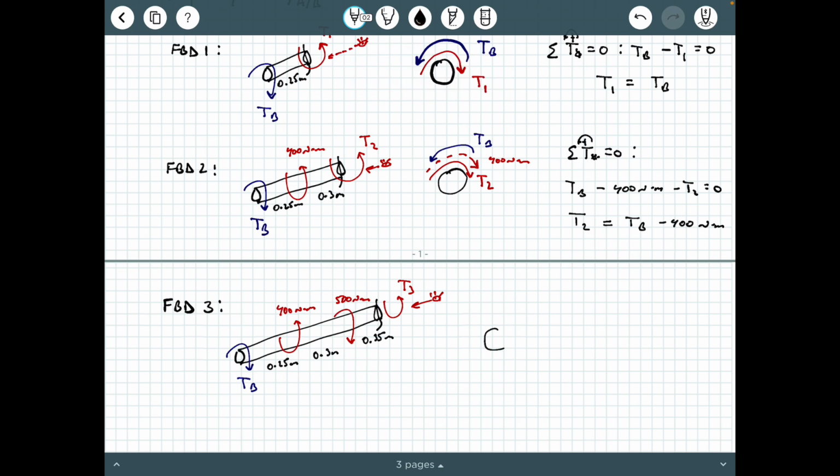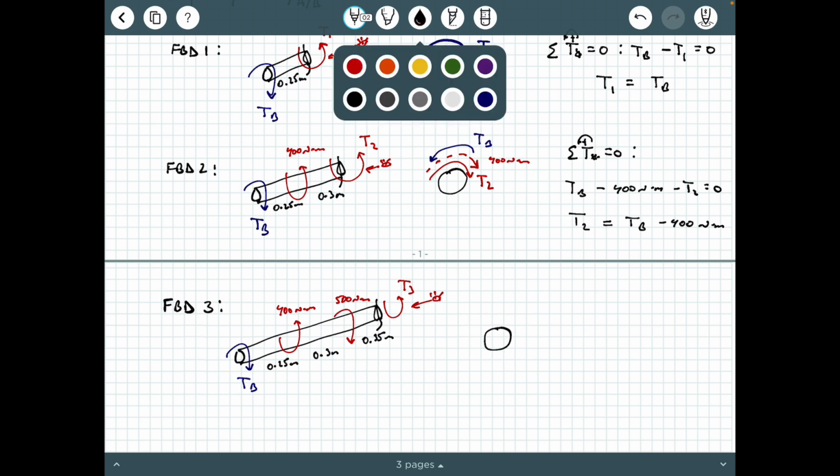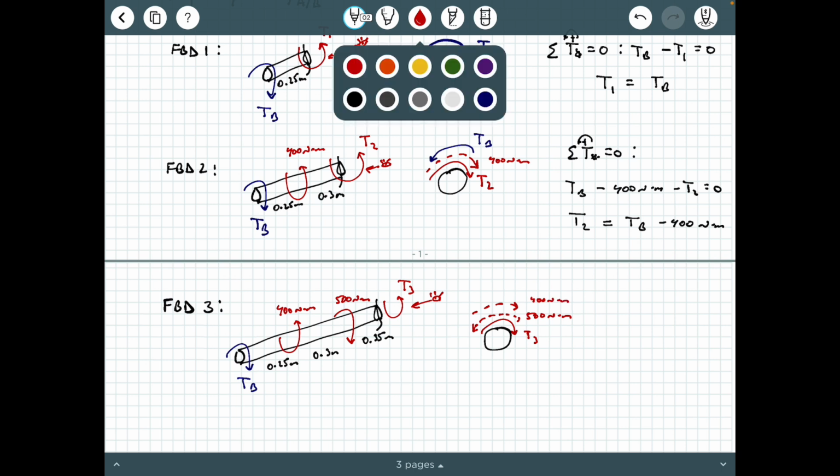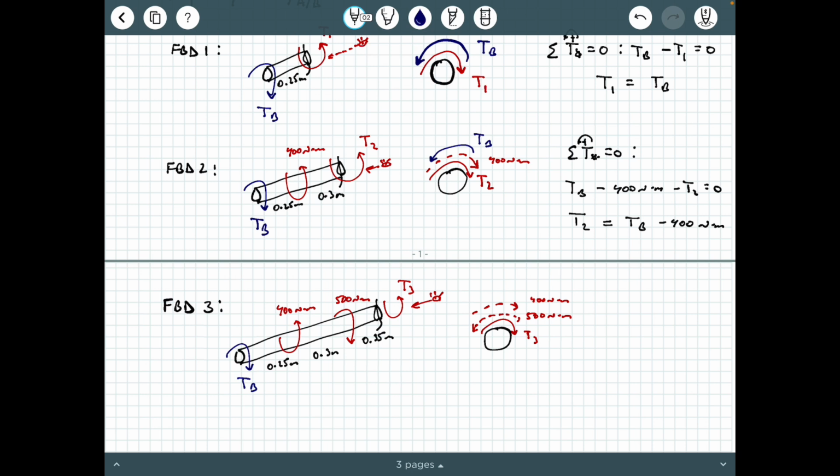Well, we see the circular cross-section, and then we see a T3 here, and then behind that, we see 500 Newton meters going opposite of T3. Behind that, we see 400 Newton meters, and then behind that, we see TB.